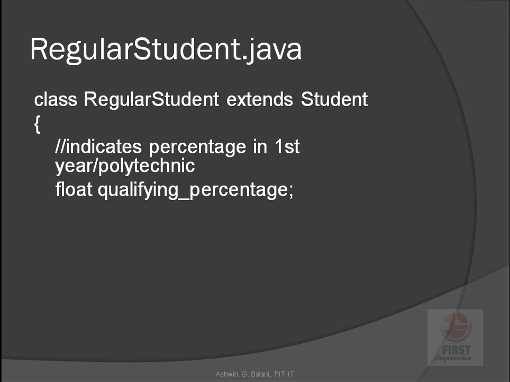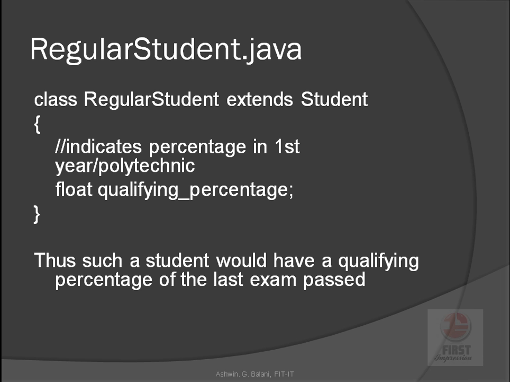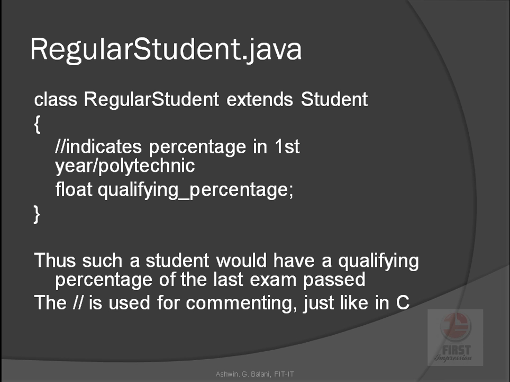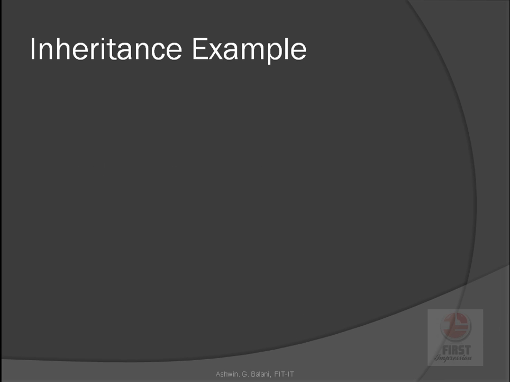So we have a float qualifyingPercentage. The float qualifyingPercentage indicates that this RegularStudent class has all the 5 members from the Student class plus 1 member called qualifyingPercentage of its own. So such a student would have a qualifying percentage of the last exam passed. The slash is used for commenting, just like in C.